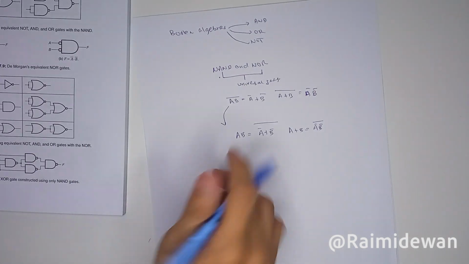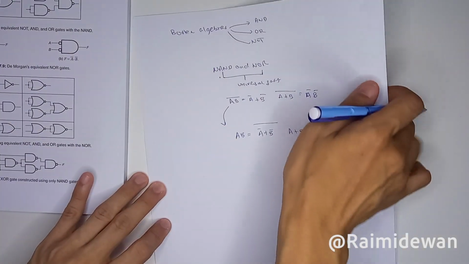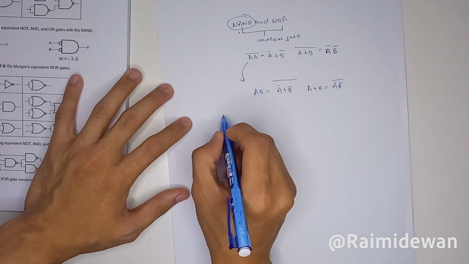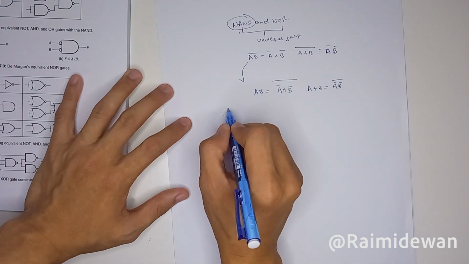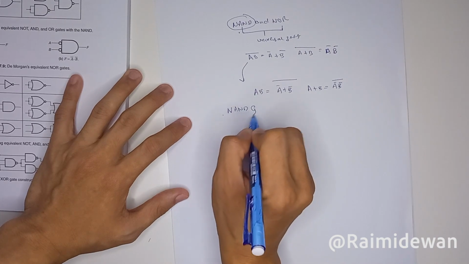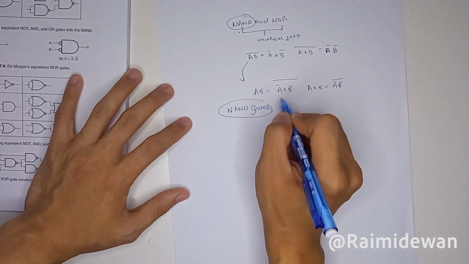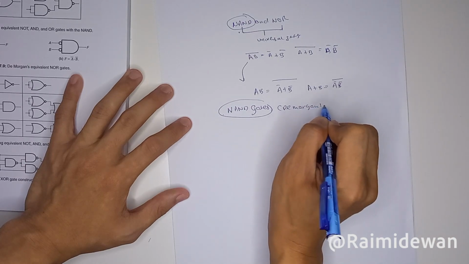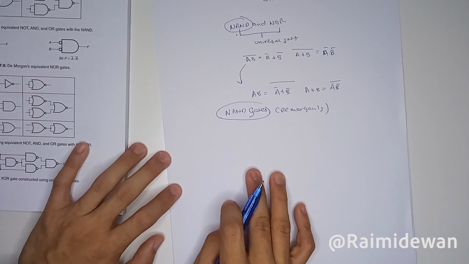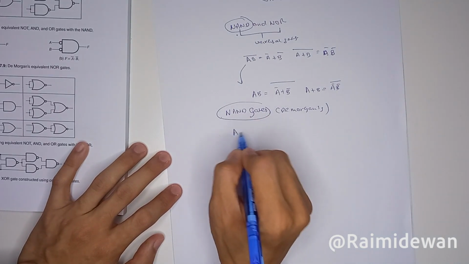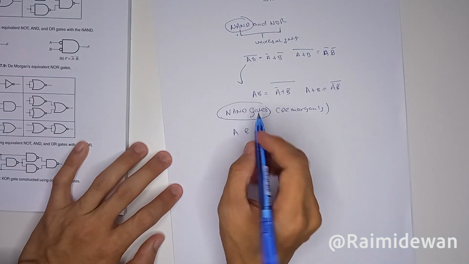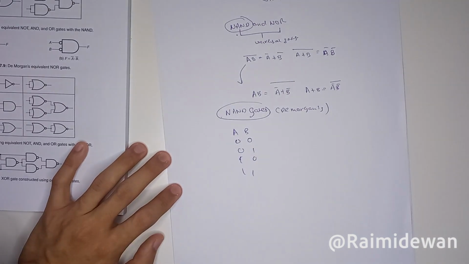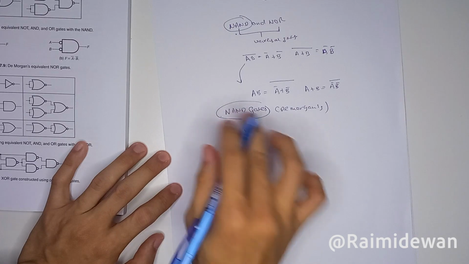For example, we want to go for the NAND gate first. How is De Morgan's theorem applied? Let's say a system with two input variables. What is in the NAND gate?